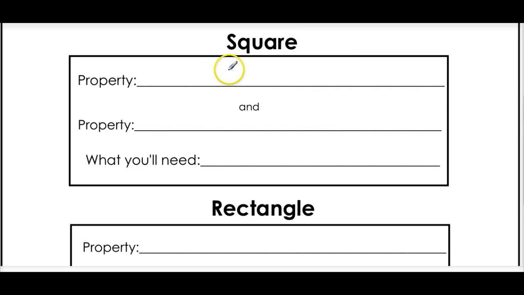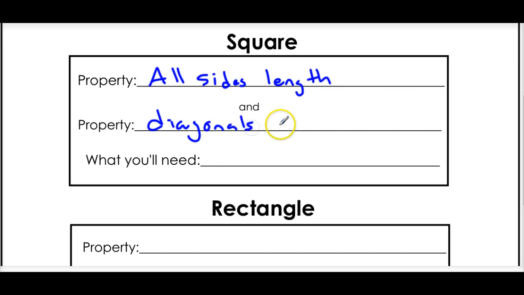2, to show that it's a square, we need to show that once again all sides are the same length. But that could just be a rhombus. So how can we make sure that it's a square? We need a second property that only a square has. So all sides are congruent and diagonals are congruent.